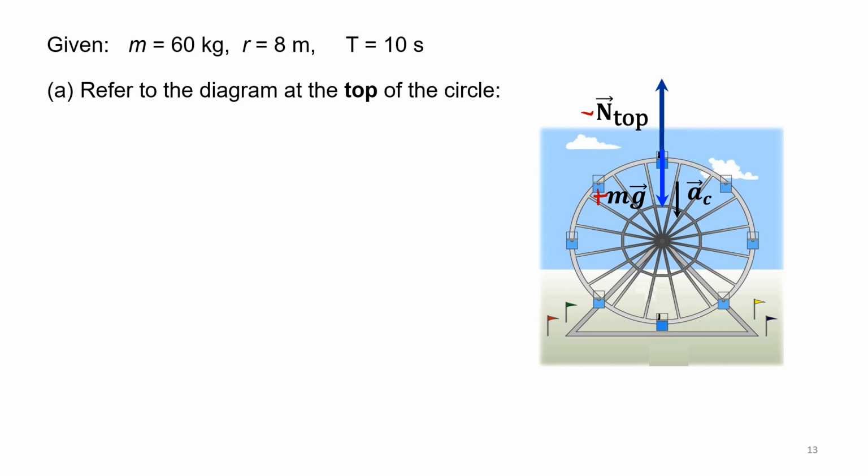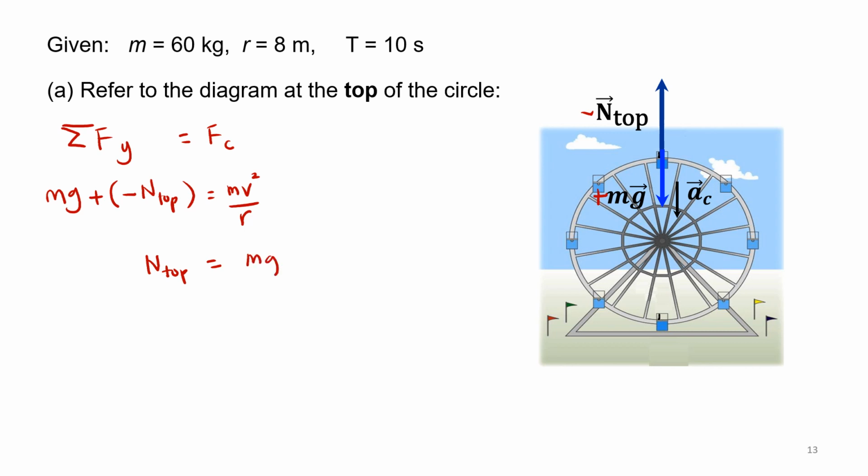Now we can write the net force in component y. The total force in component y is equal to the centripetal force Fc. So the forces that we have, mg plus negative N_top is equal to mv squared over r. Rearranging the equation, N_top is equal to mg minus mv squared over r.